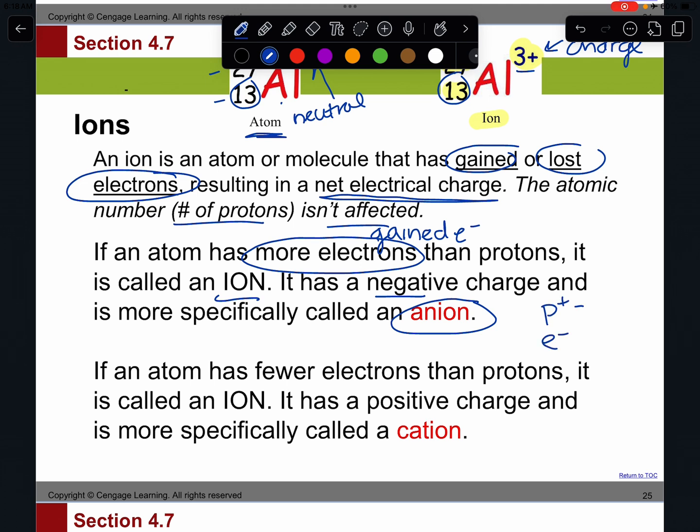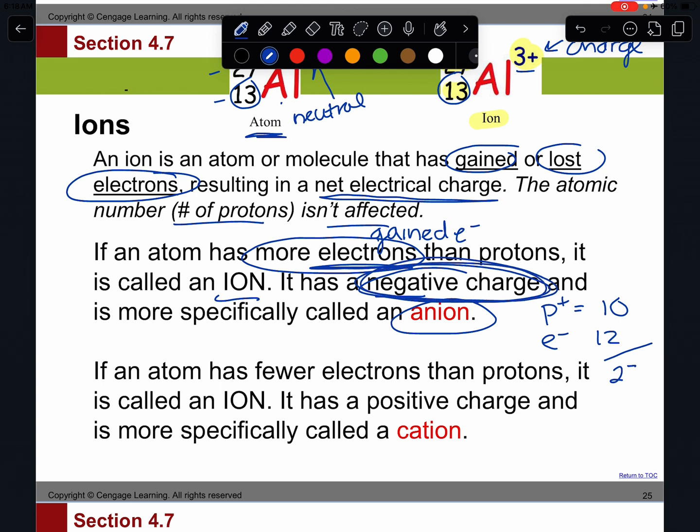Protons are positive, electrons are negative. Let's say, for example, we have 10 protons, so that is 10 positive charges. If we have more electrons, let's say we have 12, so we have 12 negative and 10 positive. What's our overall charge here? 2 negative, right? So it has a negative overall charge.